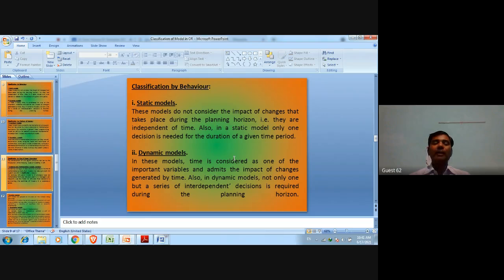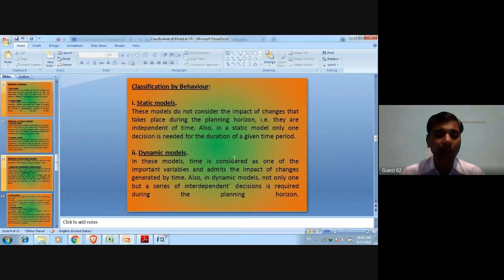When you construct a dynamic model, it is possible that in the future some variables can change. So there is flexibility in a dynamic model. If there is any change, you can make those changes according to your conditions. So this type of model is called a dynamic model.